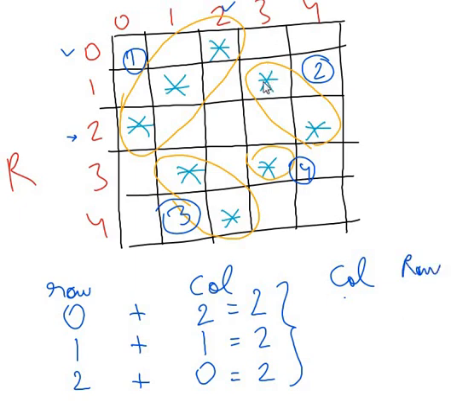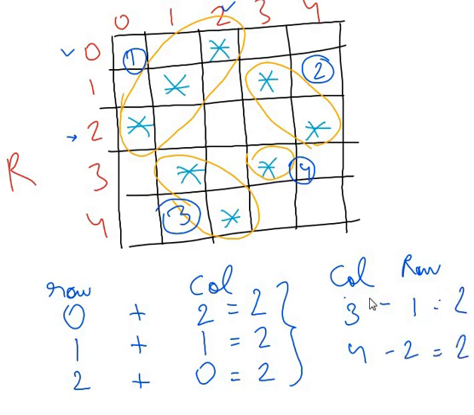Let us look at this one, column and row. For this one, the row is 1 and the column is 3. For this one, the column is 4 and the row is 2. So you can derive a pattern: if you subtract row from the column, you would again get the number 2.